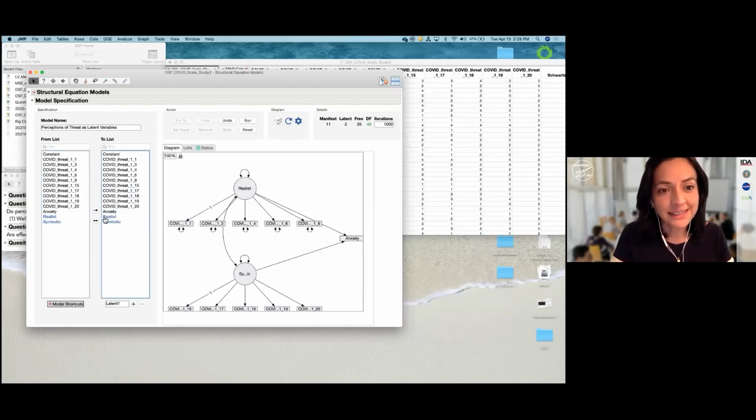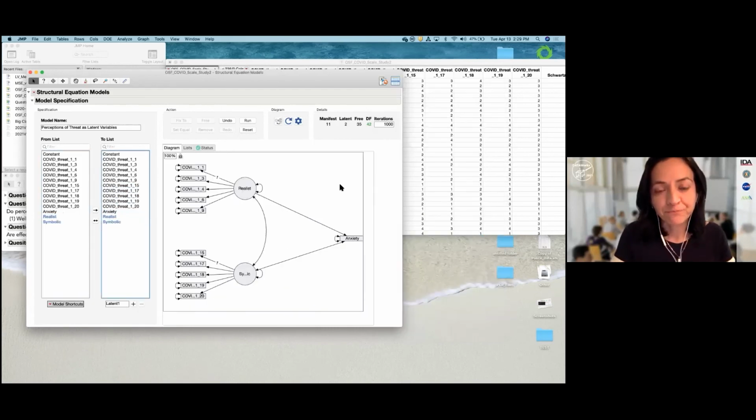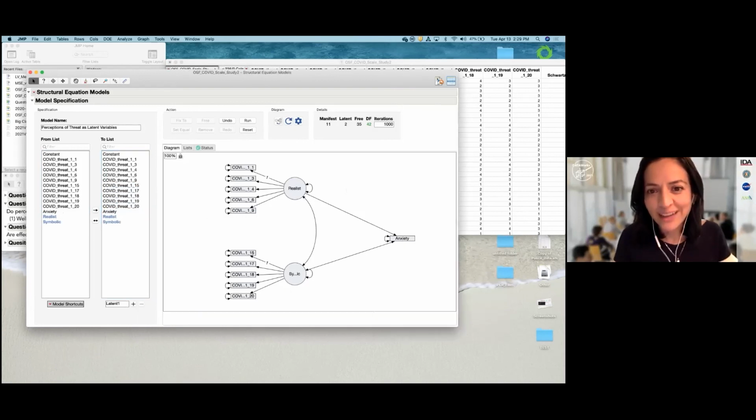So here's an example where we can actually use the latent variables to predict anxiety, not their composites. What that allows us to do is get estimates of these regression coefficients that are unbiased, or unattenuated by measurement error.